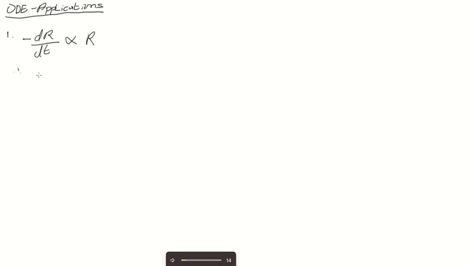What we say therefore is that we have minus dR over dt, because we have to have an equation to solve. The proportionality symbol, we always replace it with the equality sign with the k, which is the proportionality constant. So then R.